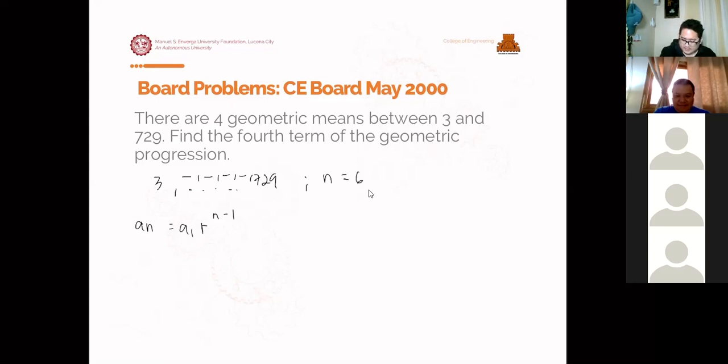Okay? So para makuha yung R, may value na tayo ng AN. So yung AN natin, 729. 729 is equals to A1 natin is 3, R, tapos 6 minus 1. So 729 divided by 3, 243 equals to R to the 5.